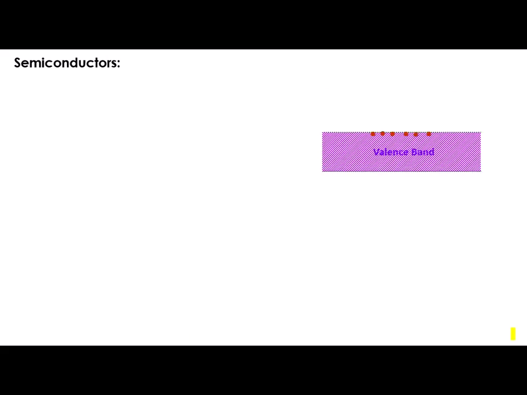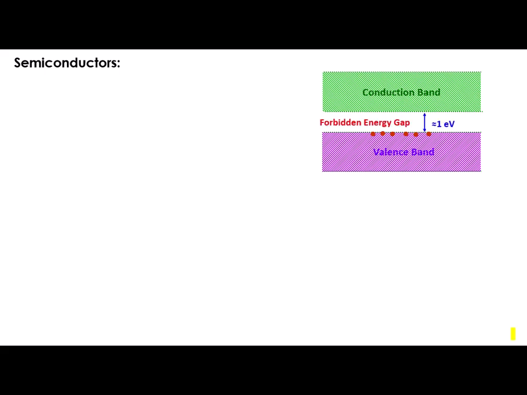Now, in the case of a semiconductor, the gap between the valence band and conduction band exists, and the value of that energy gap is around 1 electron volt. If the value of the energy band gap is around 1 electron volt, then that solid is called a semiconductor.